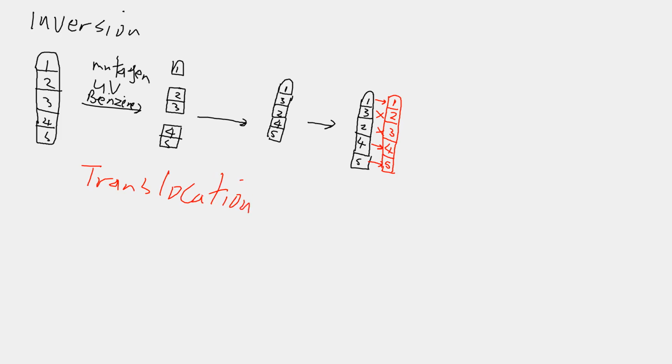In translocation, you actually need 2 chromosomes, both from yourself, right? So we have ABC in this one.